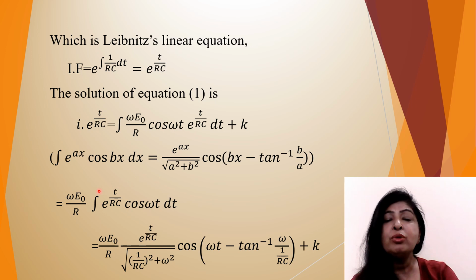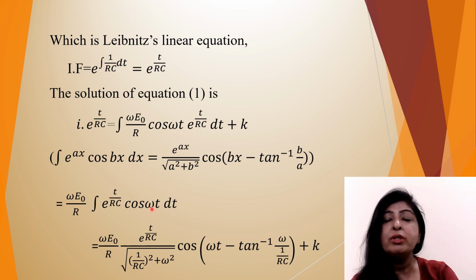So what it becomes: omega E naught by R times integral e raised to power t by RC cos omega t, where our a is 1 by RC and our b is omega.